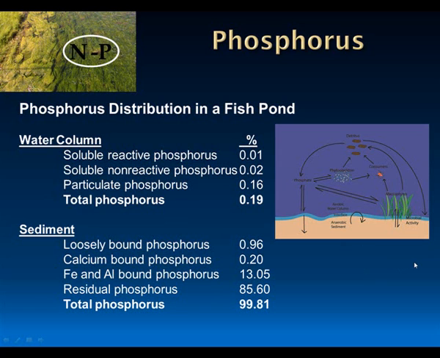And we can see that here. There's a paper that talks about the distribution of phosphorus in a fish pond, and if you took a 1 meter cross section going down through the pond, 99+% of the phosphorus is in the sediment. And of the remaining portion that's in the water column, the vast majority of that is in particulate.